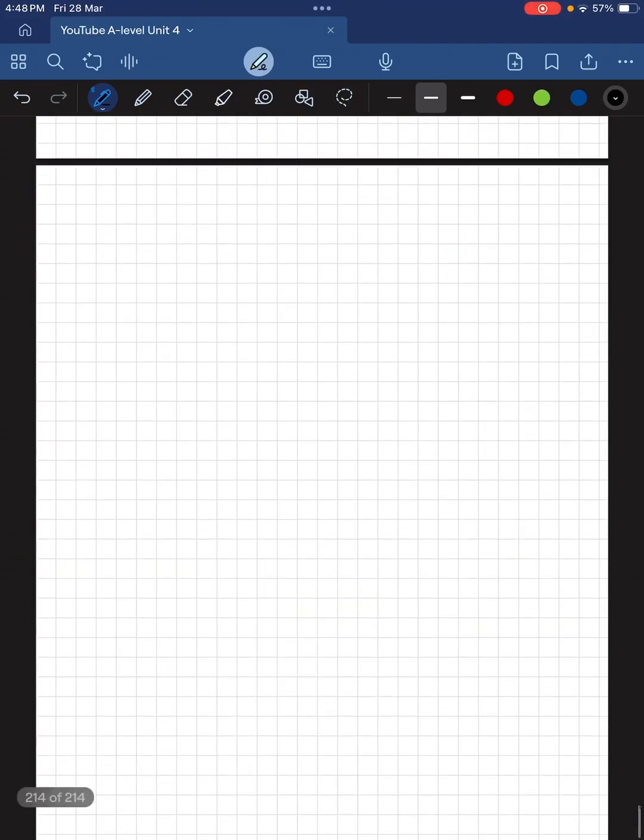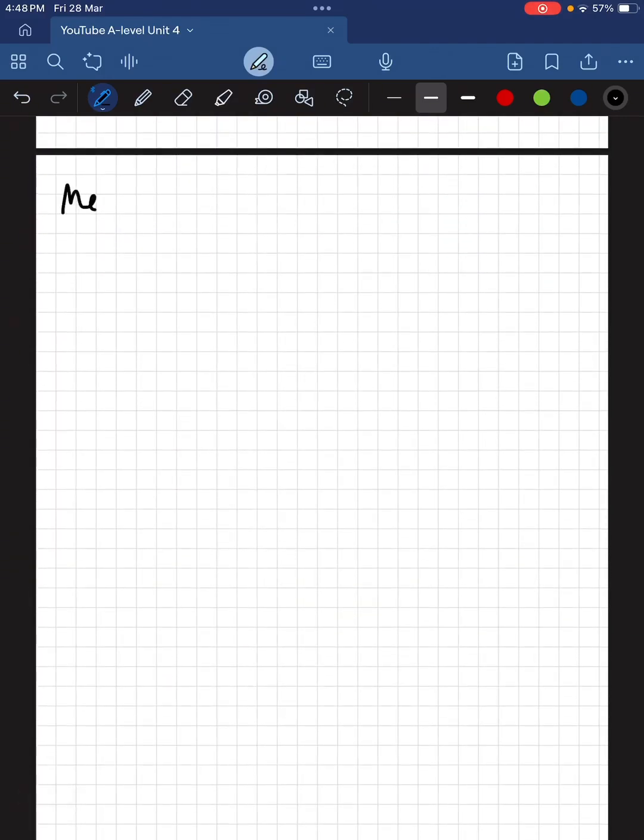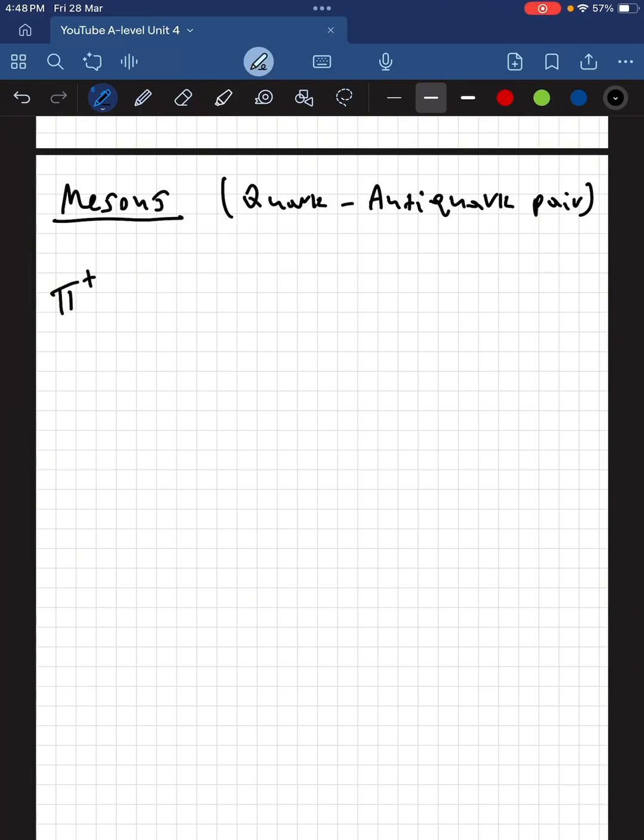Maybe I'm going to use a clean page, okay? So, mesons, they consist of a quark antiquark pair. So, let's go see some examples. The pi plus consists of a U and a D bar. So, the charge is 2/3 plus 1/3, so +1, okay?